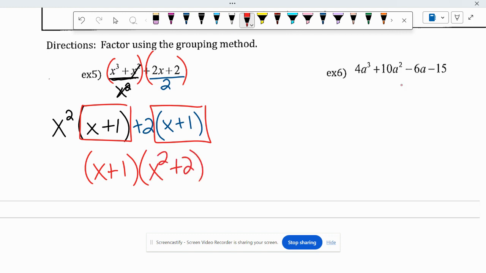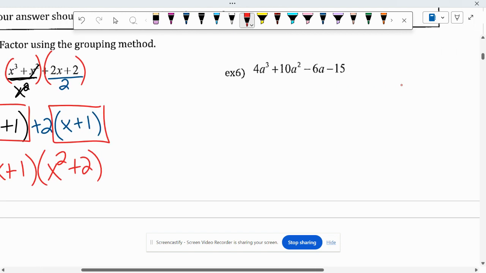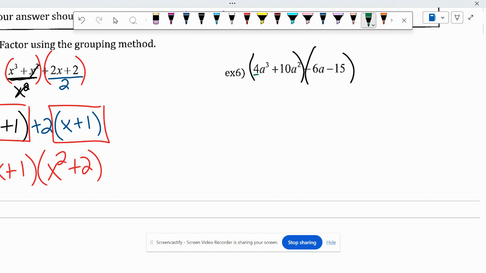All right, let's look at example number 6. So again, I'm going to factor this by grouping. When I look at my first group, I have a 4 and a 10. Both of those are even, so I can divide by a 2. Then I remember that with the variable terms, I'm looking for the smallest power.